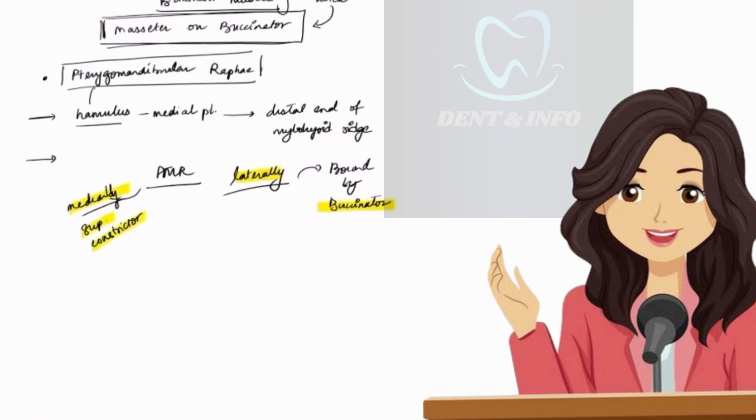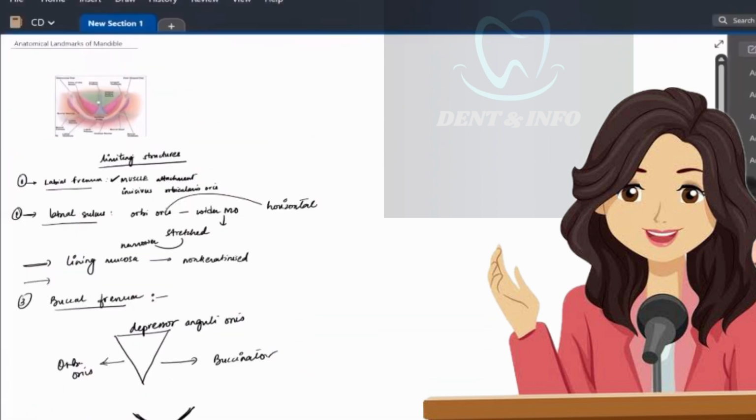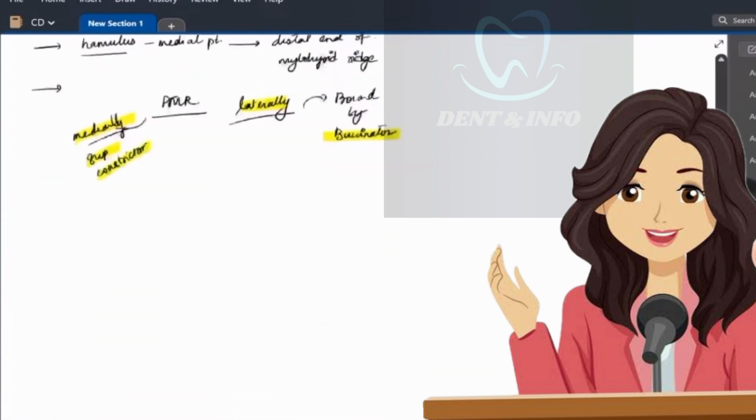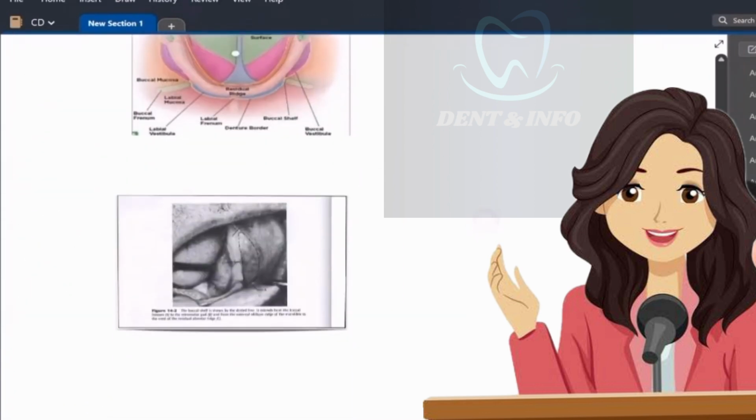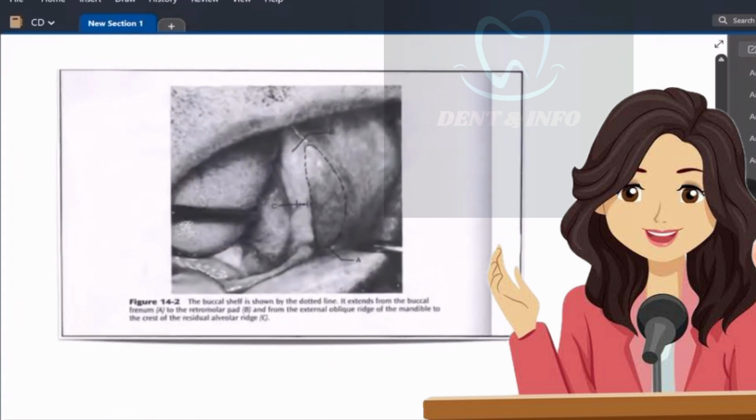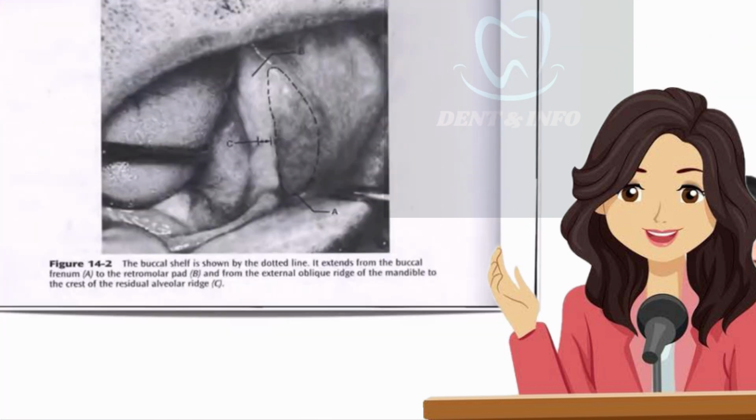What I have felt around the mandible is that you need to understand the three-dimensional anatomy and how different muscles are located. So a very important picture, I just explained it to you. It is there with me in one of our slides. Yes, exactly this. First, this is what is showing your buccal shelf area.